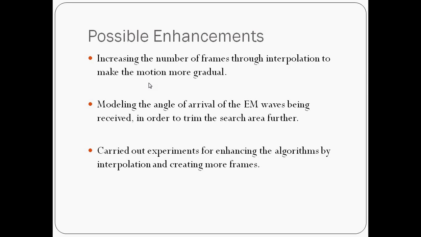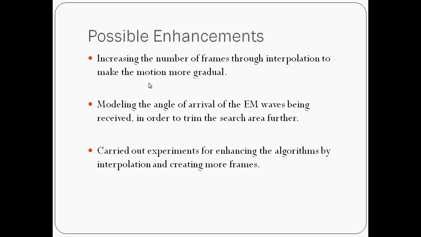However, there are possible enhancements to this technique. One of them is increasing the number of frames by interpolating in between two frames, and this makes the motion of the object much more gradual, and then you are able to detect the object much more efficiently. It reduces the errors. The next is modeling of the angle of arrival of the EM waves.